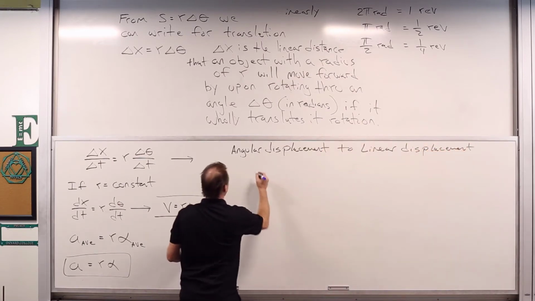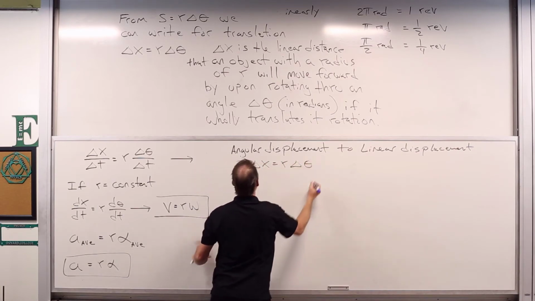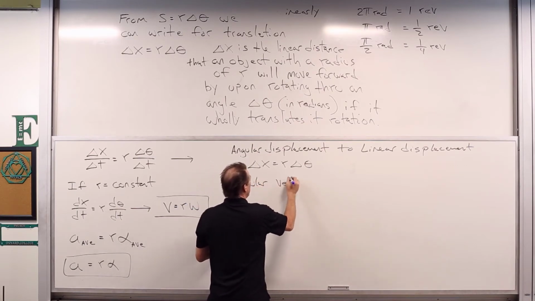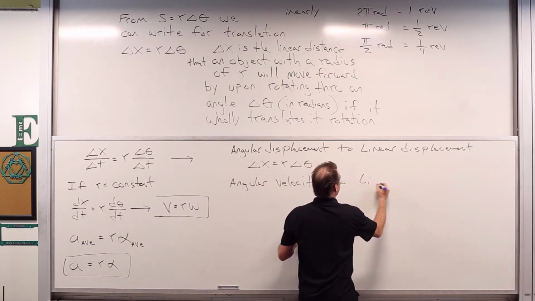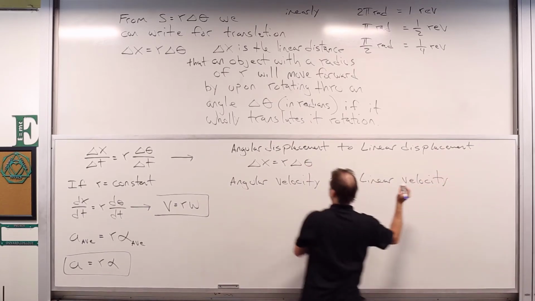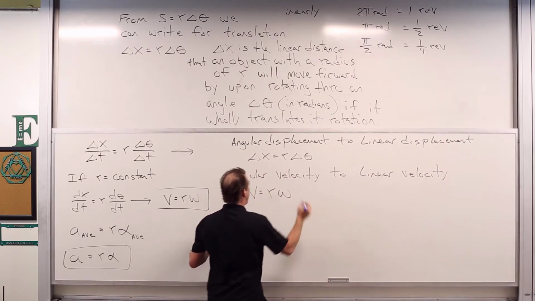Angular displacement to linear displacement: delta x is equal to r delta theta. Angular velocity to linear velocity: v is equal to r omega.